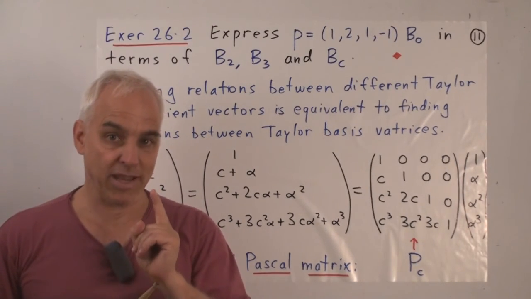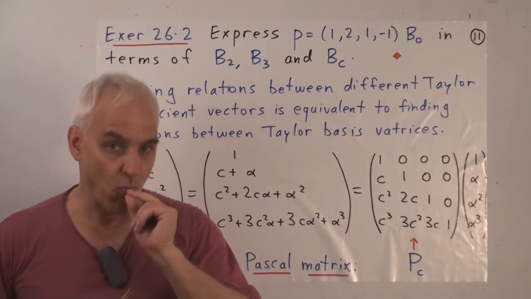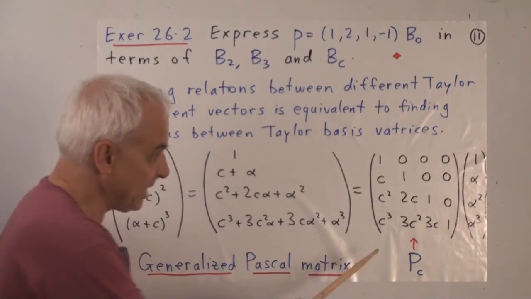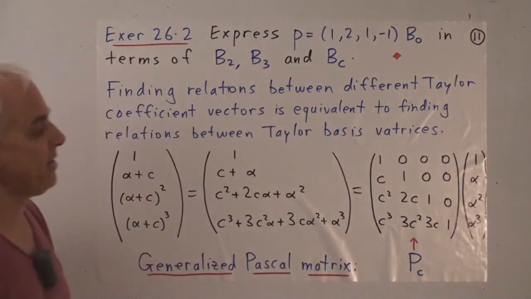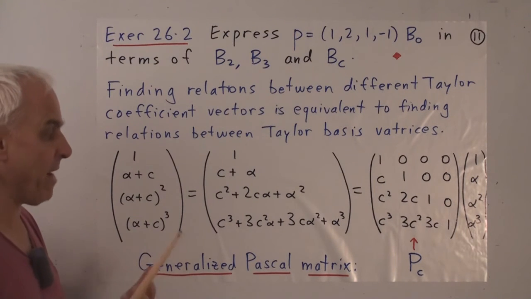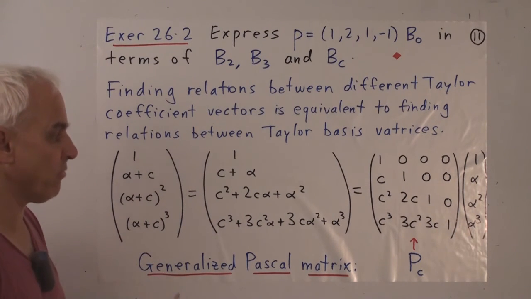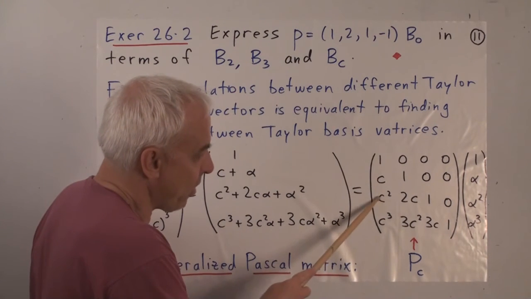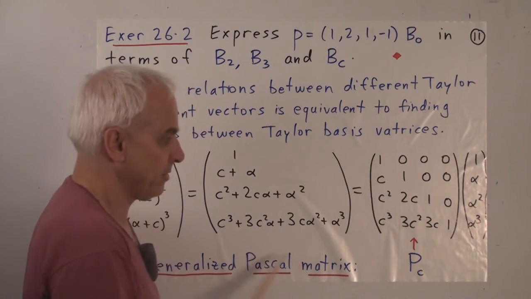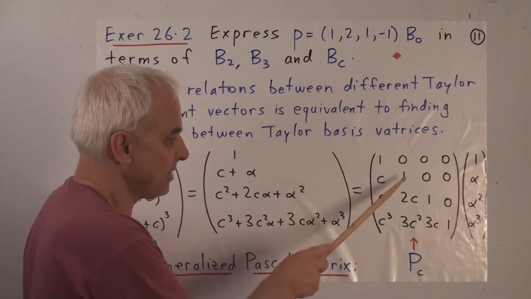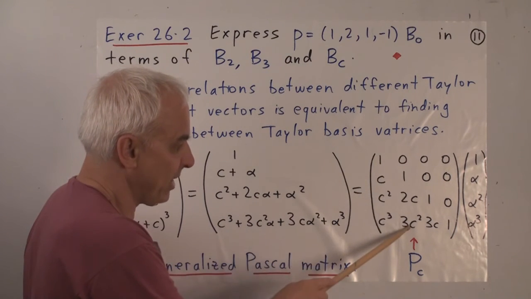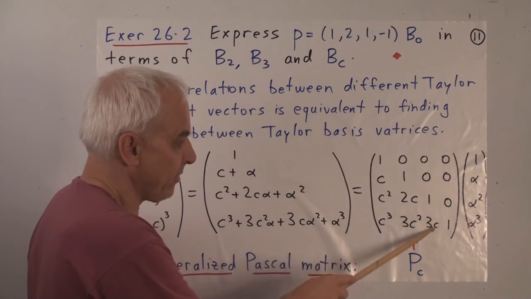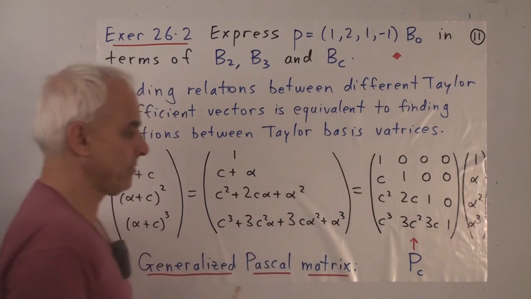There we were only looking at the case when C equals 1. So if C equals 1, then this reduces to what we call the Pascal matrix P, or P sub 1. There's a 1 here, a 2 here, a 3 here then. There'll be a 1 here and a 3 there and a 1 here. So a column of 1s, a column of 0, 1, 2, 3, and a column of 0, 0, 1, 3, and 0, 0, 0, 1.